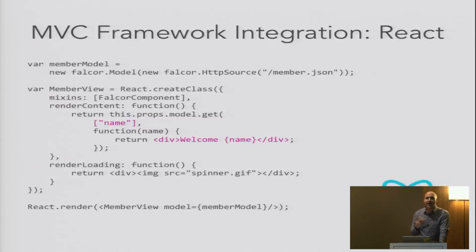And so here's an example of how we do this with React, which is the MVC framework that we use inside of Netflix. And so here, what we're doing is we are basically using the Falcor model as the model for this view, which is a person view. And in the render method, we are essentially requesting the name from the model dynamically and then converting it directly into JSX, which for those of you who aren't familiar, React actually pre-processes JavaScript and allows you to use HTML tags.